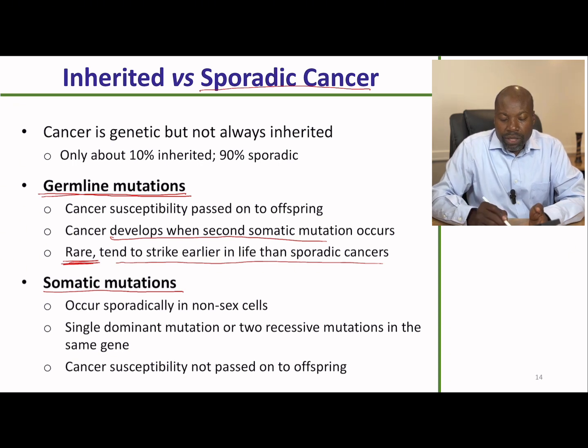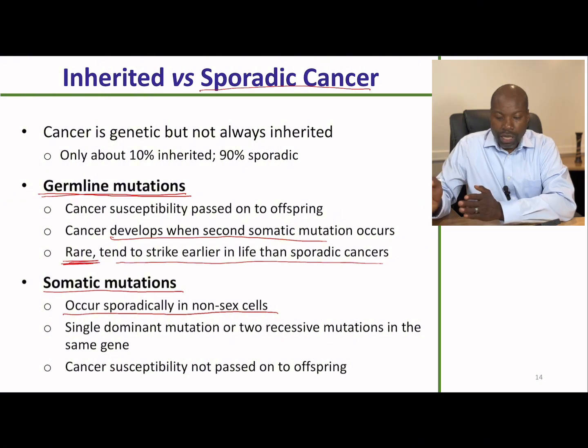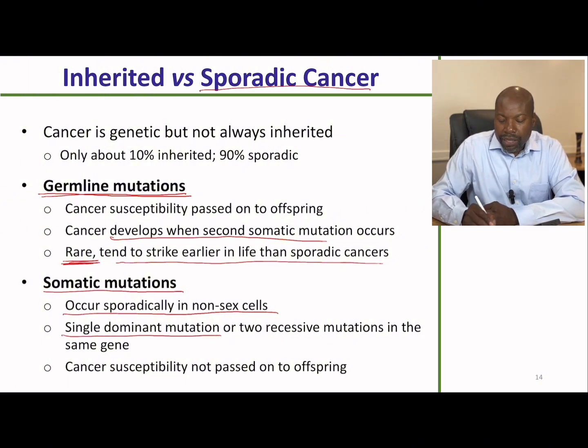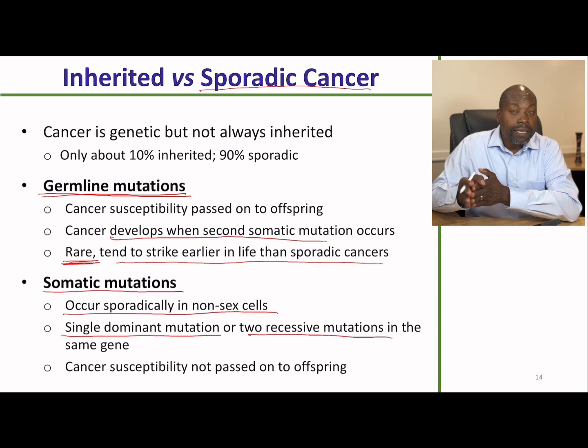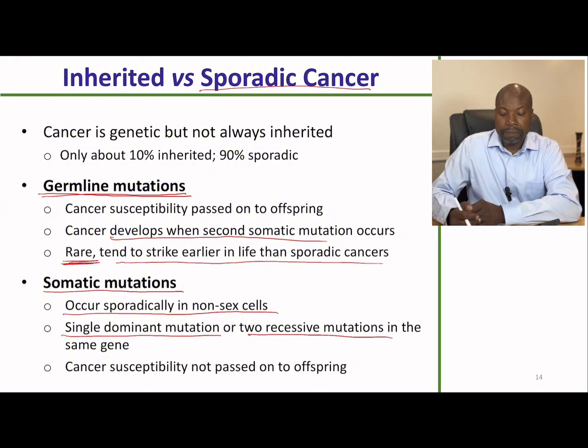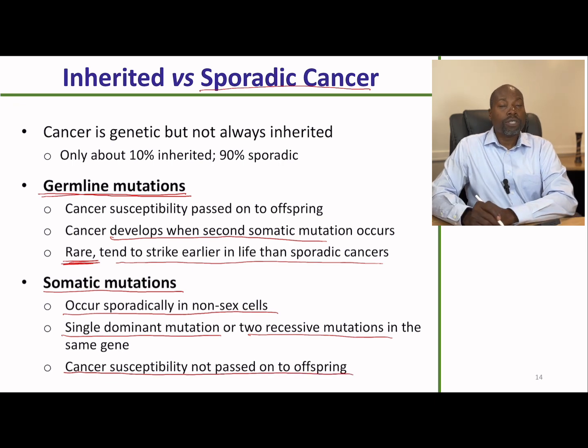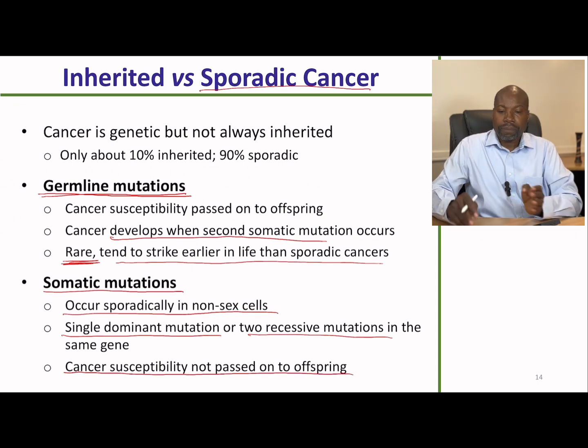So the somatic mutations occur sporadically and they are not associated with sex cells, okay? Single dominant mutation or two recessive mutations, okay, which are very unlikely, right? Two recessive mutations are very unlikely to happen during the lifetime of an individual, but sometimes it does happen. And then we have cancer susceptibility is not passed down to offsprings.